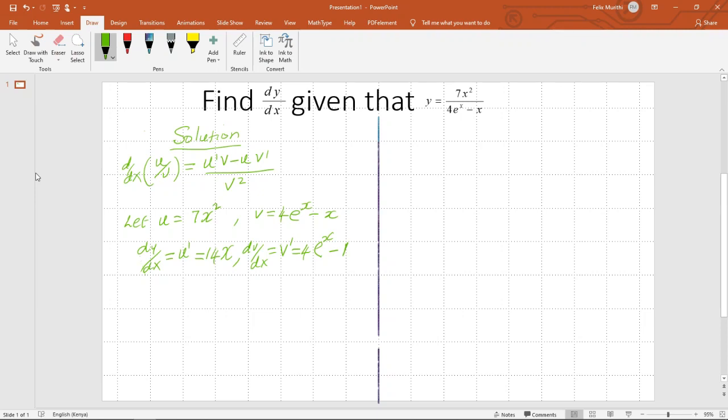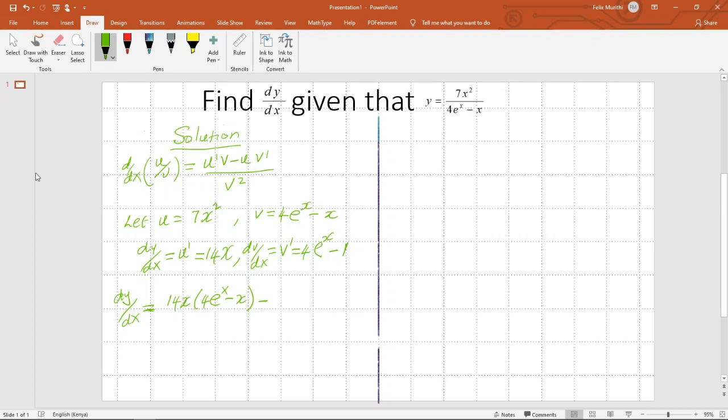So you will have dy/dx is equal to u prime. What is our u prime? u prime is 14x multiplied by v. What is our v? Our v is 4e^x minus x. Then minus, what is our u?